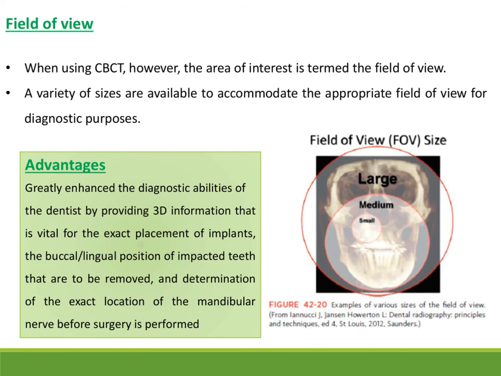So it depends upon the machine whether you are practicing field of view size, that means different size of collimators, or you can either ask maxilla or mandible, or you can ask the whole skull. So, depending upon the requirement, we can change the area of exposure small, medium, large, maxilla, mandible, or all of them.